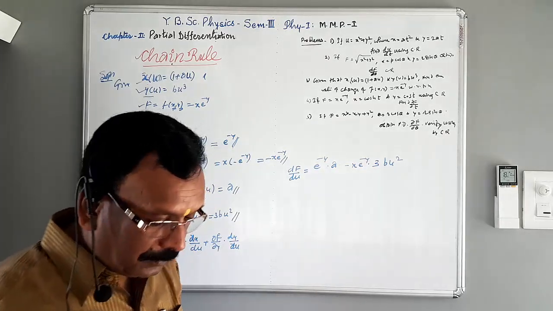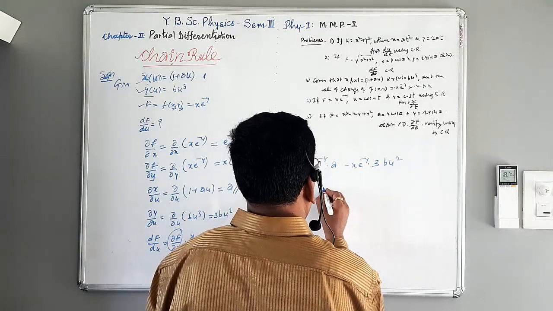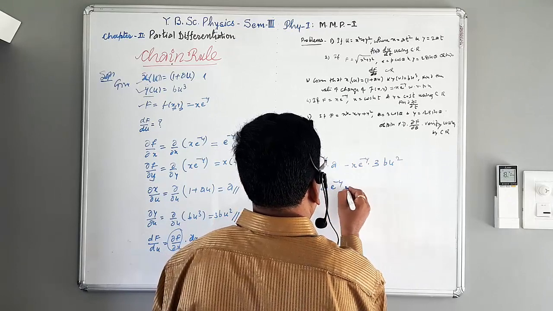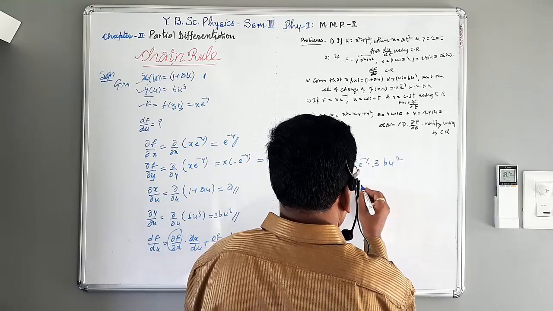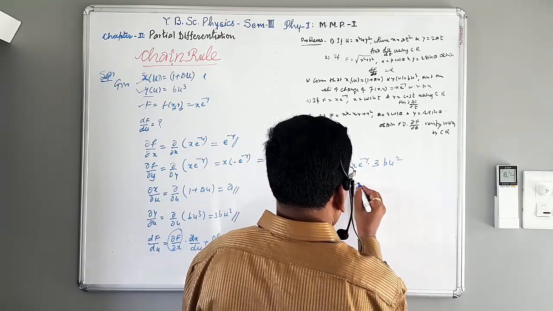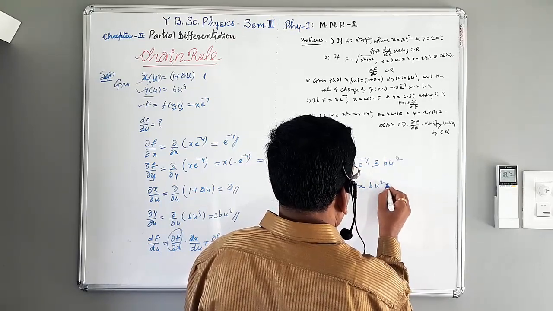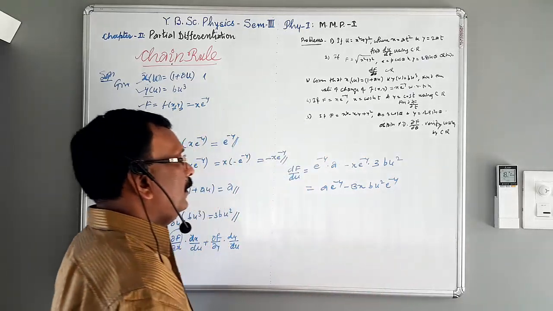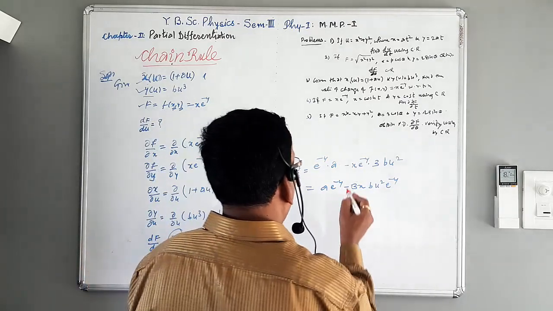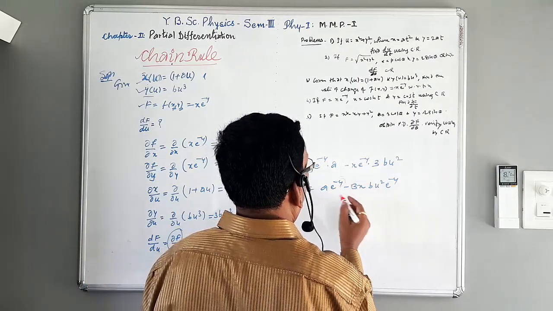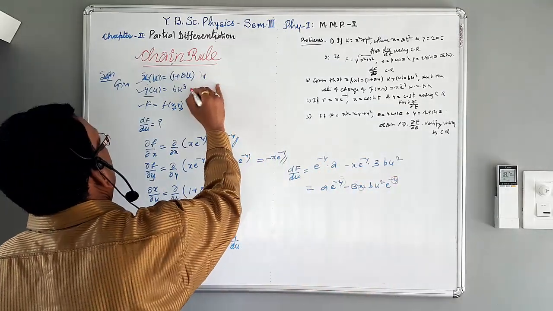Now solve this by simple method, and after solving this we get a e raised to minus y minus 3 x b u square e raised to minus y. Again we can simplify this simply by substituting the value of y and x, that is this one and this one.